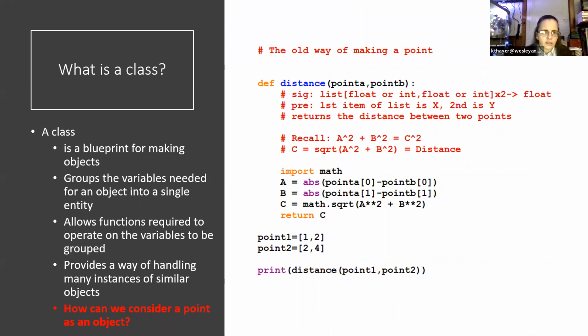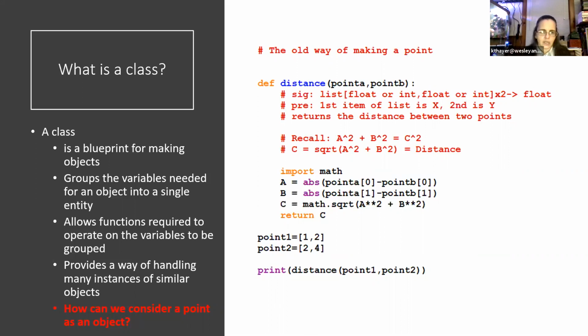So a class is going to be a blueprint for making objects, just like the master photocopying sheet, that blank one, is a master for making all the instances of the points. It groups the variables needed for an object into a single entity. So every point has an X and has a Y. Those are now going to be associated with that point, because all points are going to have it.